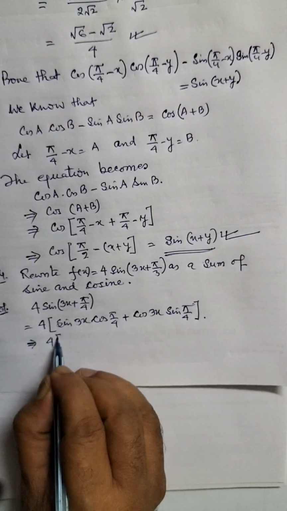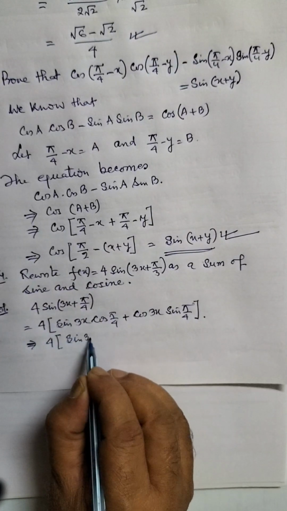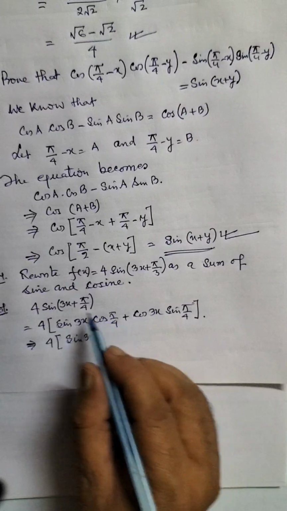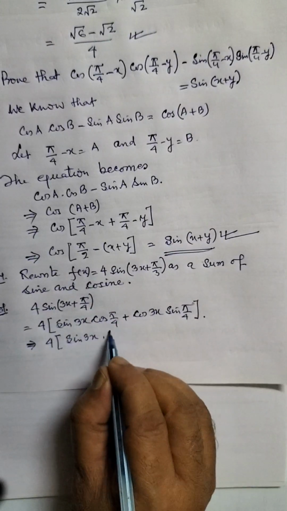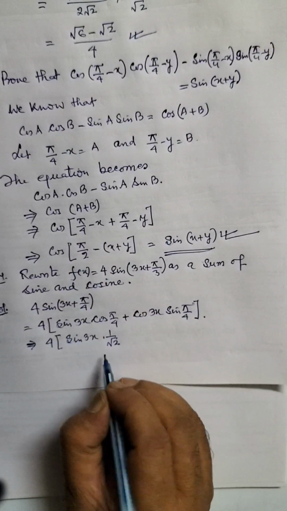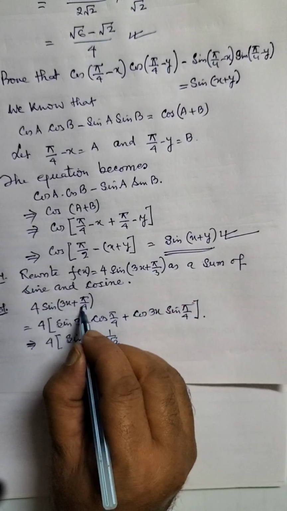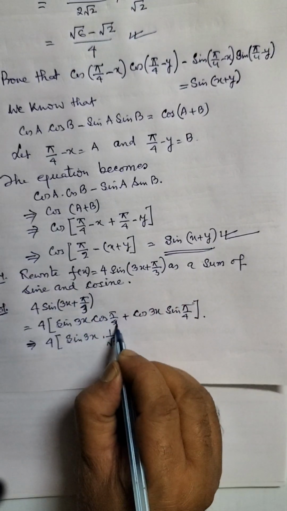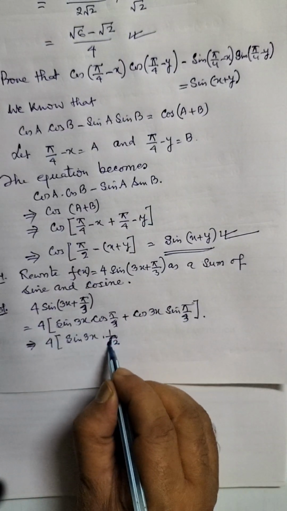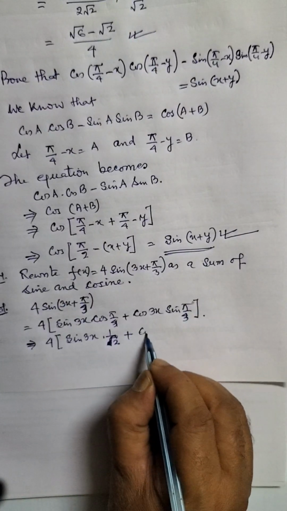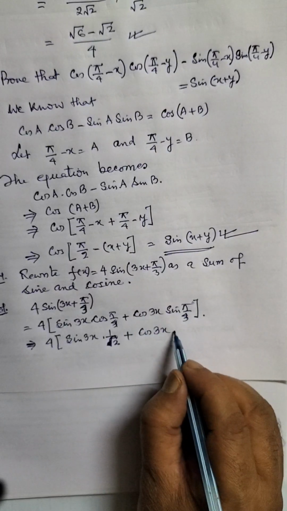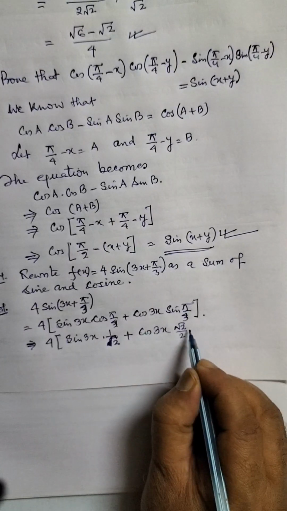You will get 4 sine 3x and cos pi by 3 is 1 by 2, cos 3x and sin 60 is root 3 by 2.